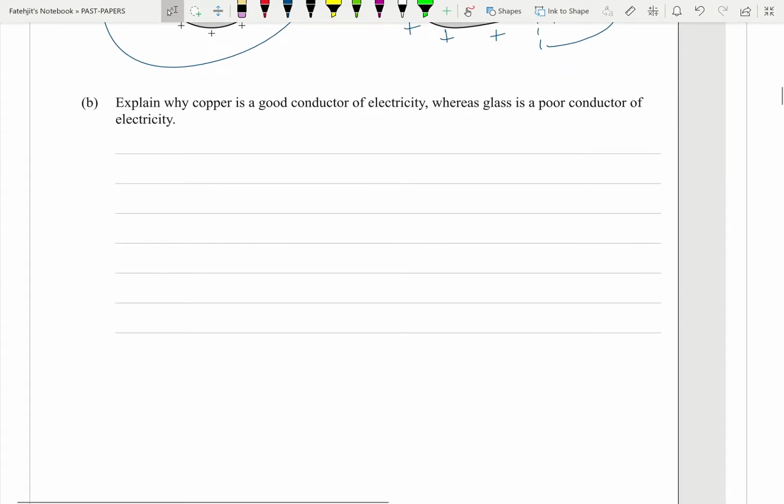For 1b, we explain why copper is a better conductor than glass. Copper is good because it has free electrons that are free to move around easily.